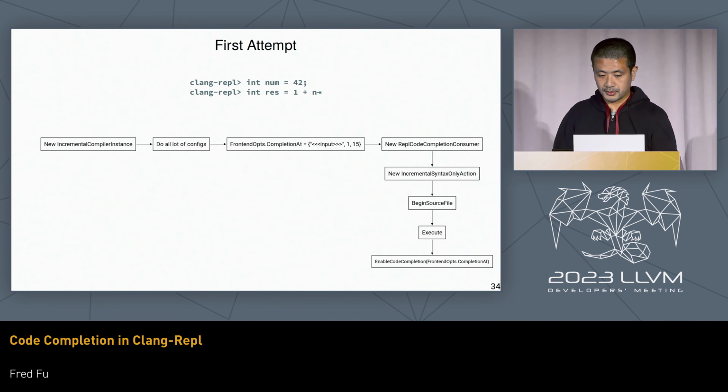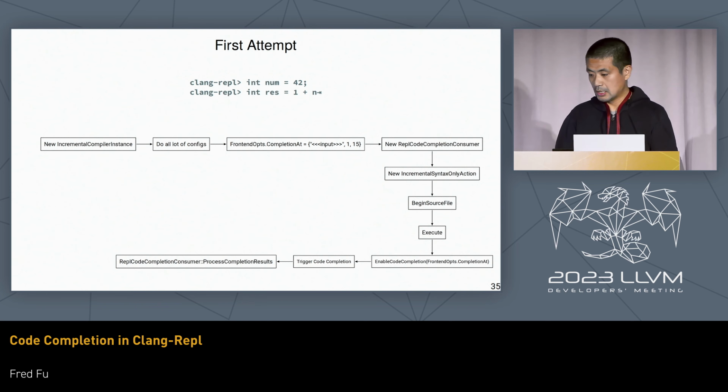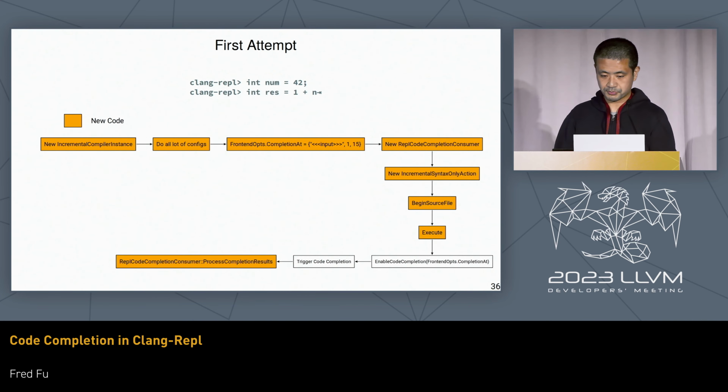Then we prepare a syntax-only action for parsing and enable code completion in the beginning of the parsing. Finally, when we reach the code completion point, the method process complete results gets invoked. The problem with this approach is we had to write too much code.